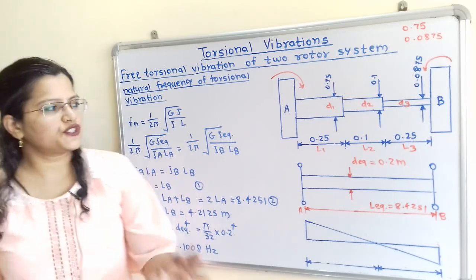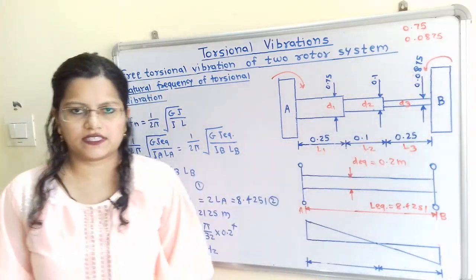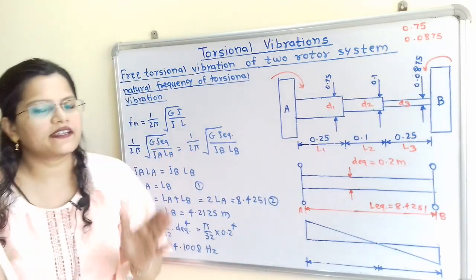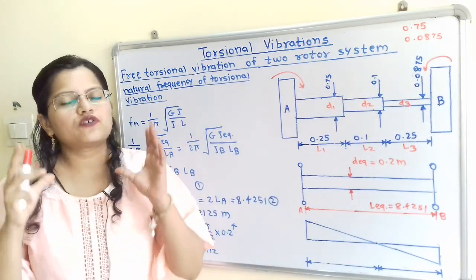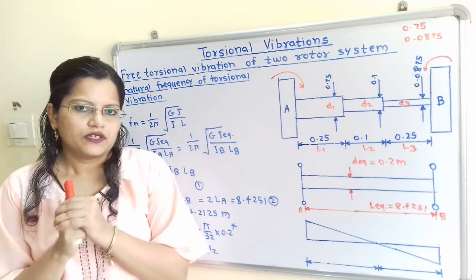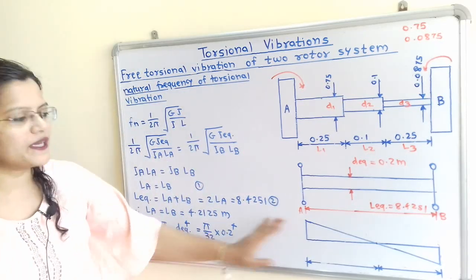Now the given question is for two rotor system, and these rotors rotate in opposite direction and therefore the amplitudes of the vibration are also in opposite direction. So we will show here this amplitude of vibration.